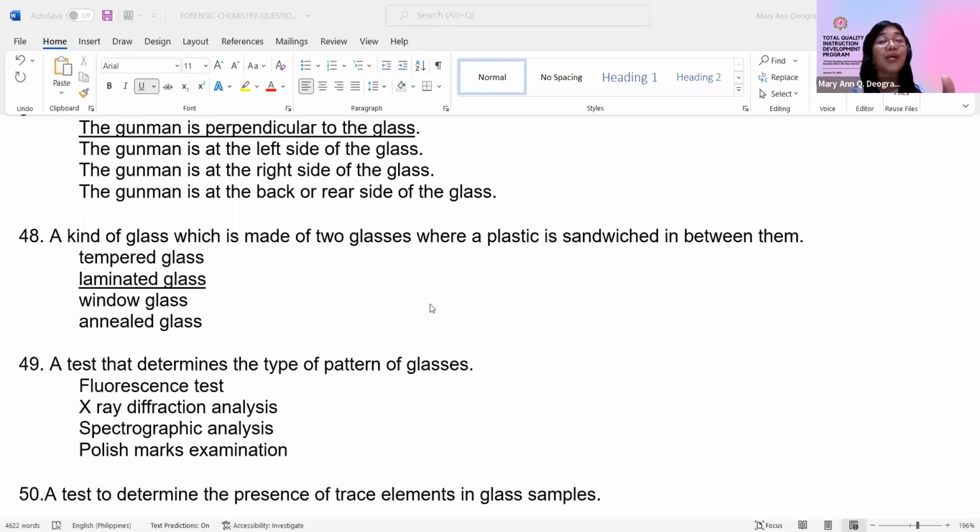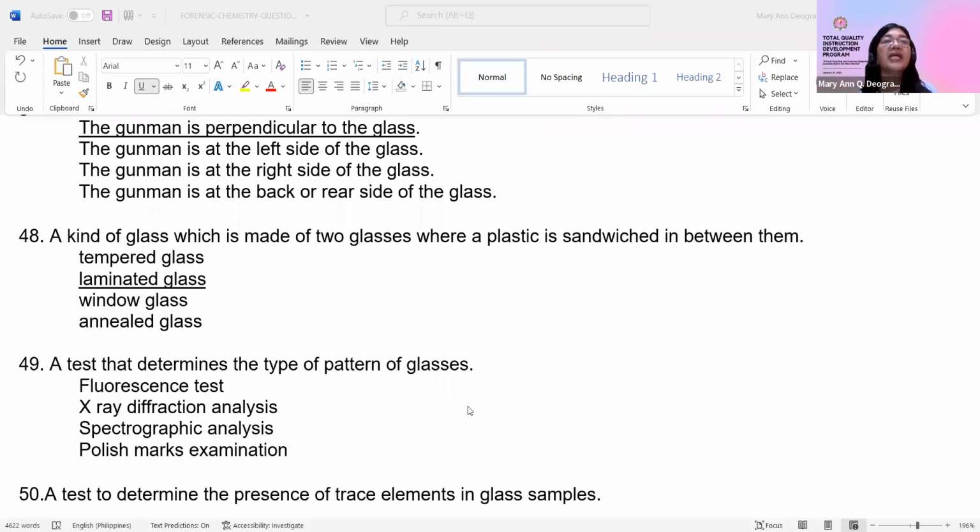Ang tampered is pinalitan. Ang tempered, it is para sa glass yun. Tempered glass is glass which is heated at a very, very high temperature, which make it durable or stronger than that of the soda lime glass. Naalala niyo yung discussion natin na nakaraan? So laminated, the other term for laminated glass is safety glass.